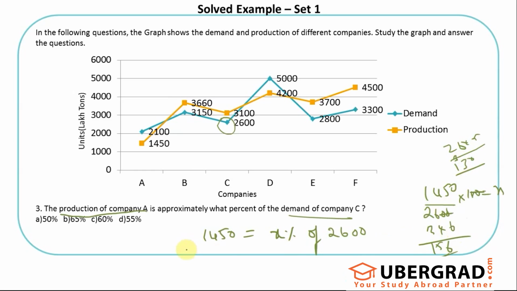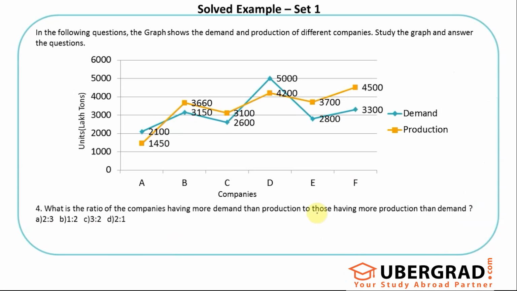So obviously it should be more than this and between this, so it should be 55% for me. Right, let me show 26 55. So it will be 5 6 are 30, 5 2s are 10, 130. Right, so approximately it is 55%, right? 1450, I got 1430, but as I said, fairly that's good enough for me to mark the answer once I know that it's between 50 to 60.